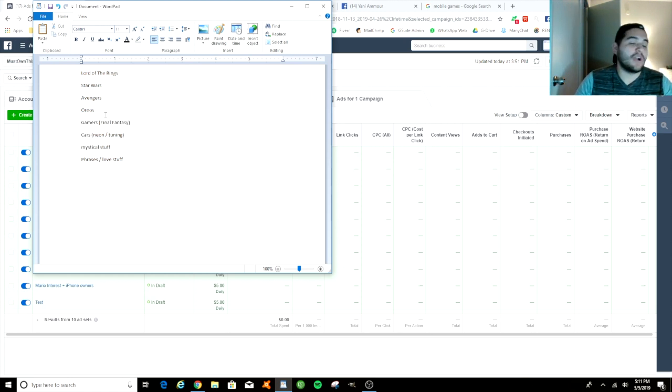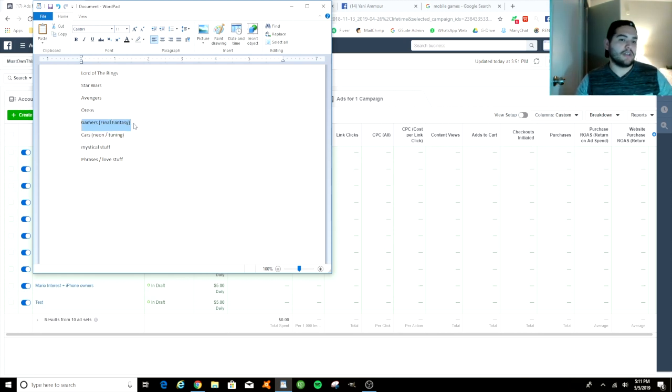These are interests where you can research, like for example cars, neon tuning. I might have to research neon tuning related things. Maybe there are pages or influencers related to neon or tuning cars, and I can target those pages. So these are just some ideas.